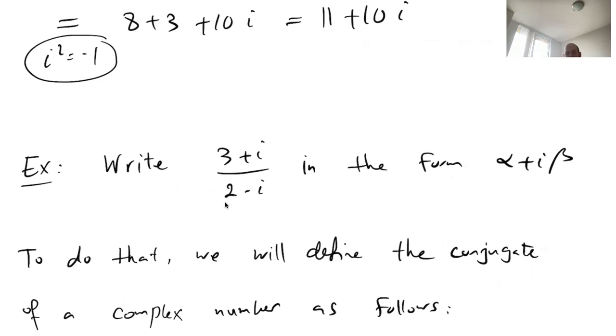How can I make it disappear? By multiplying with the conjugate of it. We just saw that if I multiply a complex number by its conjugate, then the imaginary part will disappear. So we just need to multiply top and bottom by the conjugate of the denominator to make sure that the imaginary part of the denominator will disappear, and then I will have a number of this form.